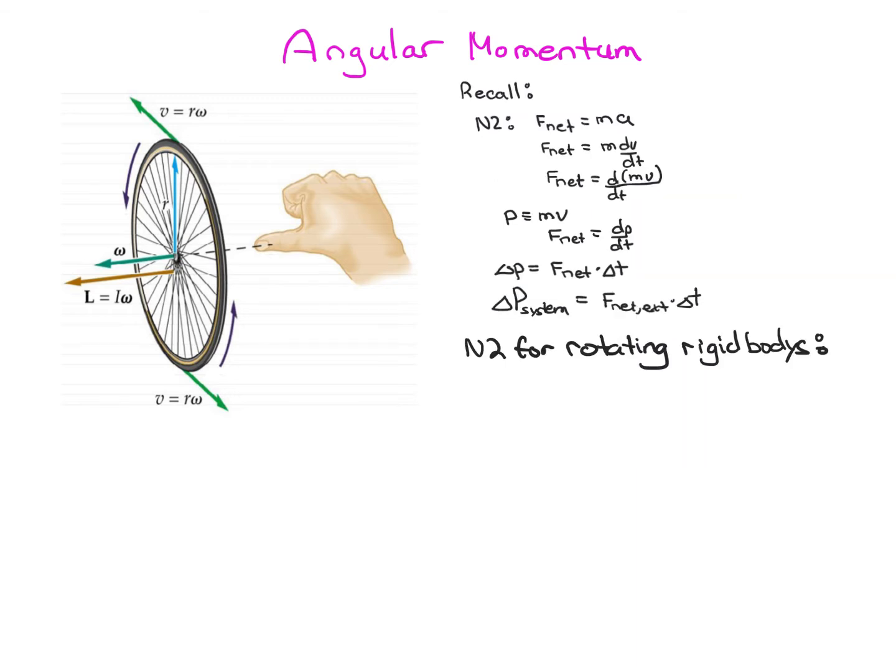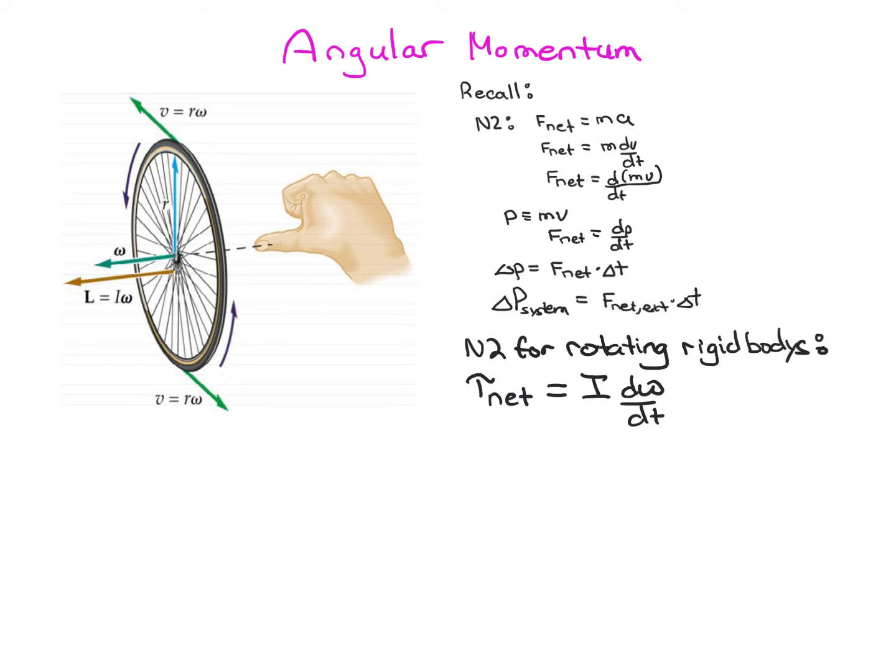So suppose we have a rigid body, like our bike wheel here, and we want to write down the analog to Newton's second law for a rotating rigid body. The version of Newton's second law for rotating rigid bodies is that it's the net torque that determines the angular acceleration of the rigid body.